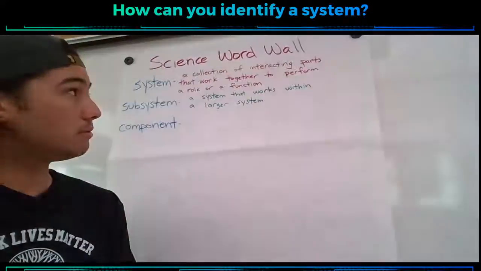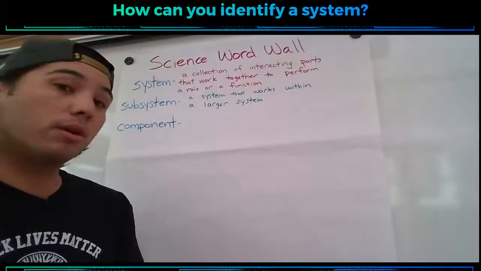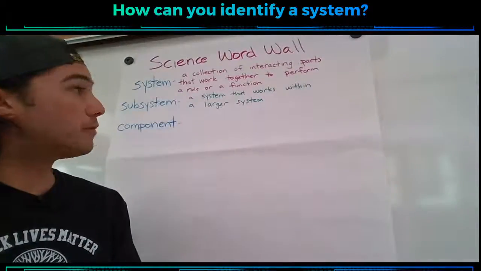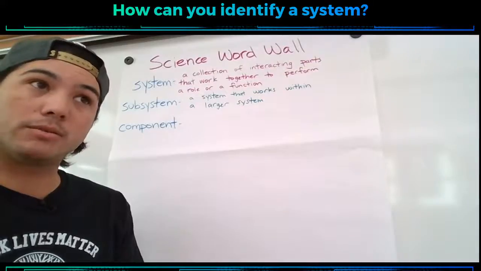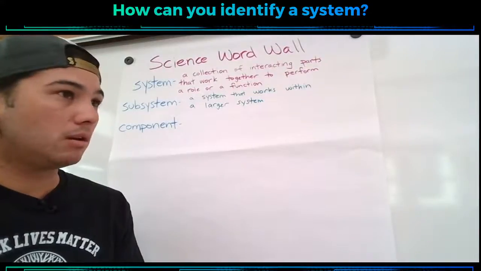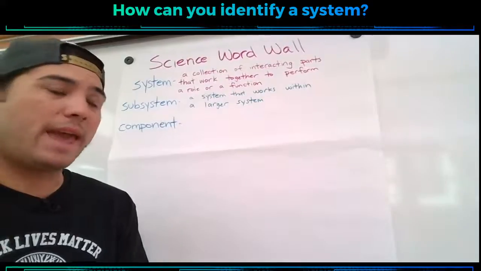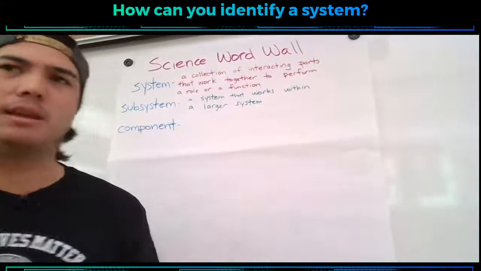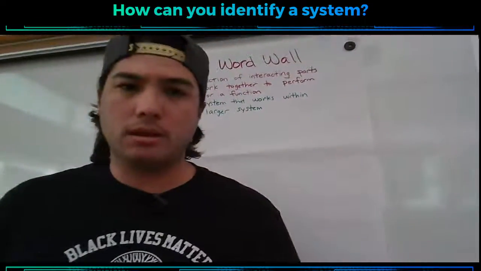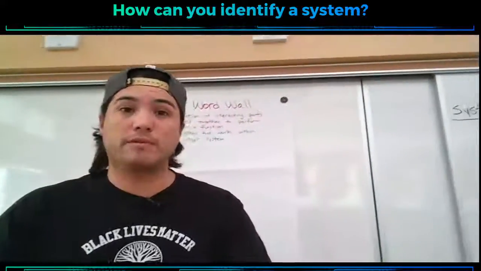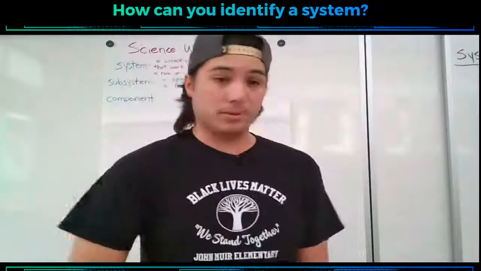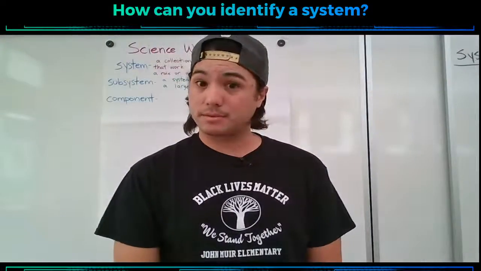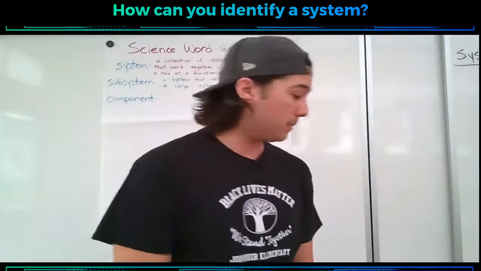A collection of interacting parts that work together to perform a role or a function. So essentially, a system is any collection of things that, while working together, do something or perform some sort of role, okay? I've got a few examples of systems here, okay?